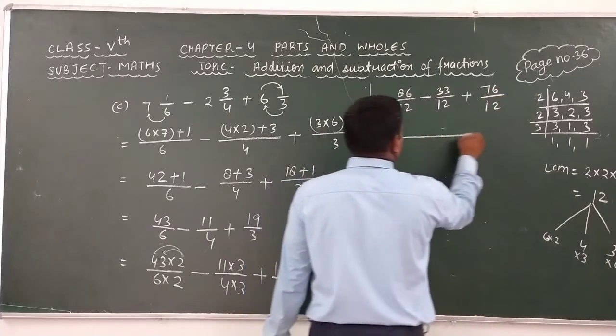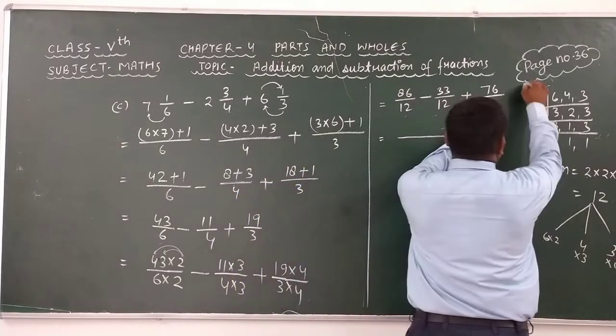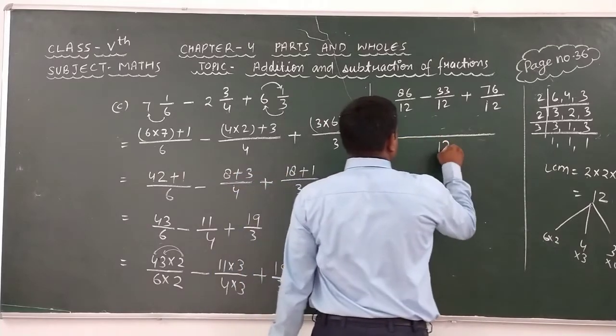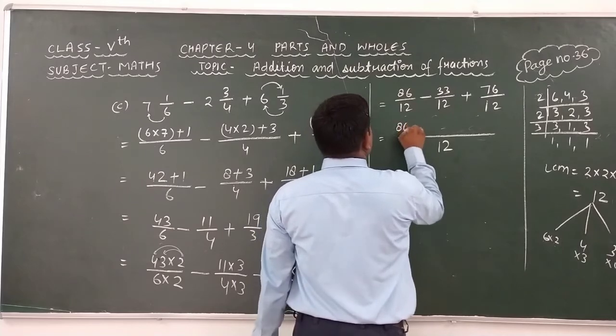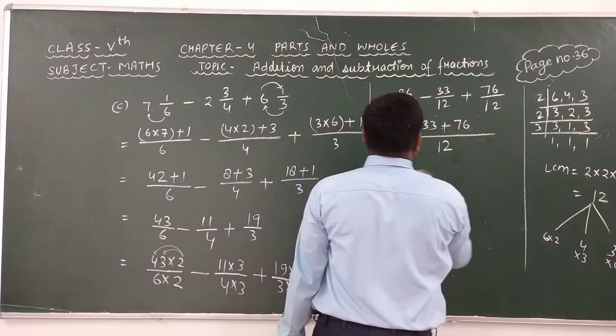Okay, this one look at here carefully. Here 12, 12, 12 are the same denominators. Okay, therefore we can take only 12, and here we can write 86 minus 33 plus 76.